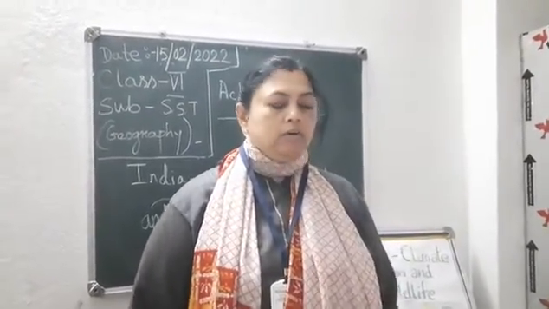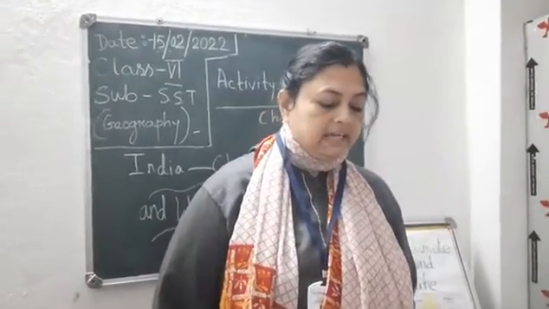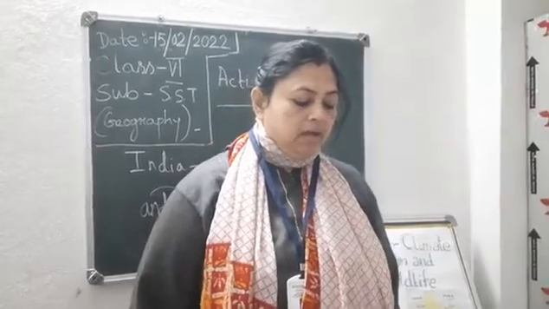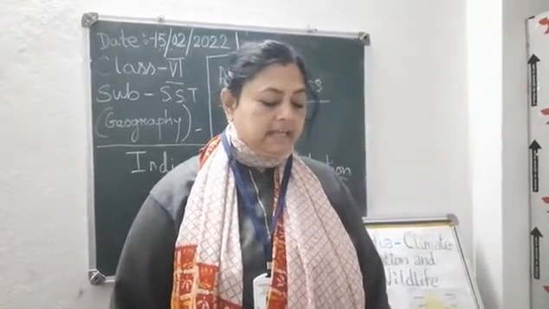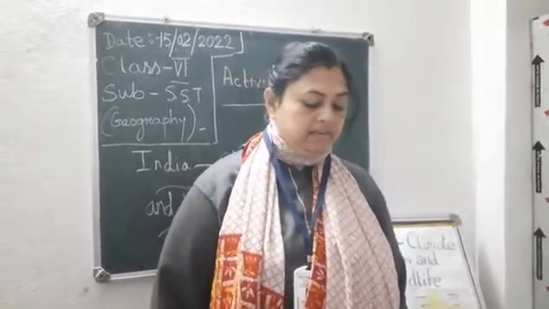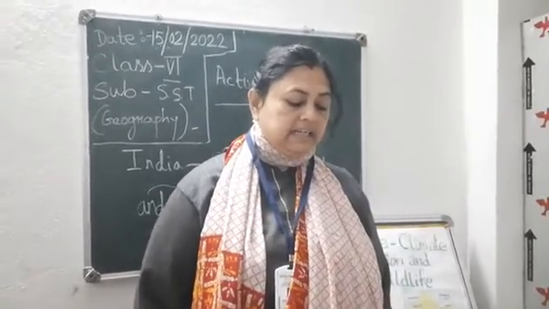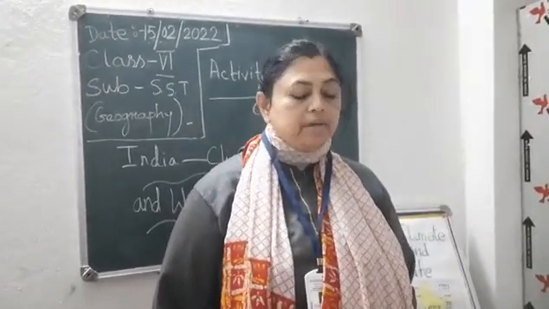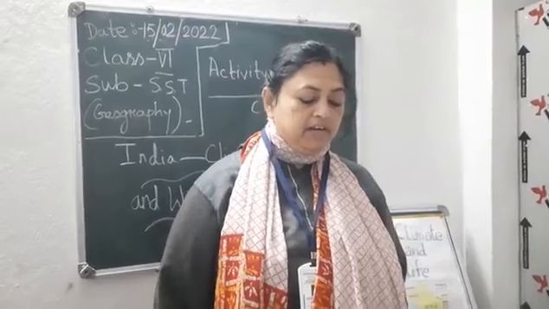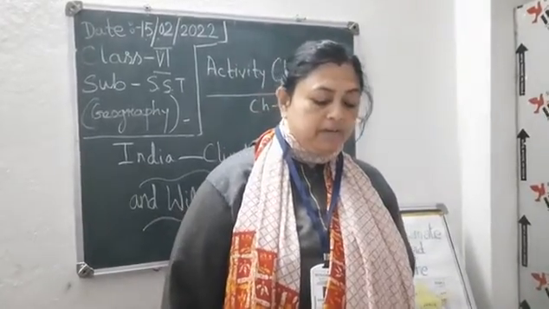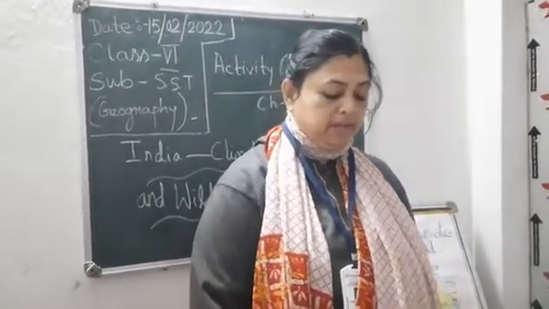We all know that weather is the condition of atmosphere at a particular time. Now, variations in climate. India experiences great variations in climate. There is sharp difference in climate of different regions, so different regions have different types of climate.